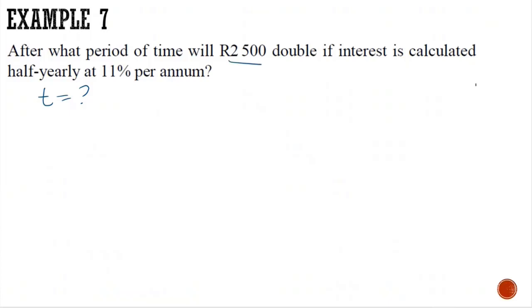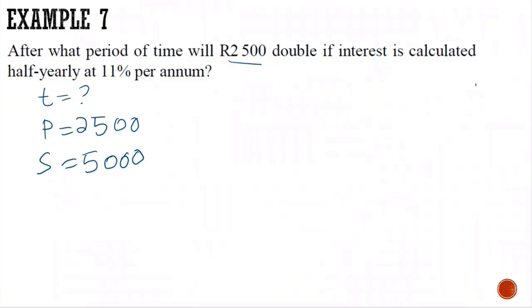That is a will. So now it means your present value is equal to 2,500 now. In the future we've got your S. This is going to have doubled in the future, which is 5,000, that is 2,500 multiplied by 2. The future value is not explicitly given, it is implicitly given.